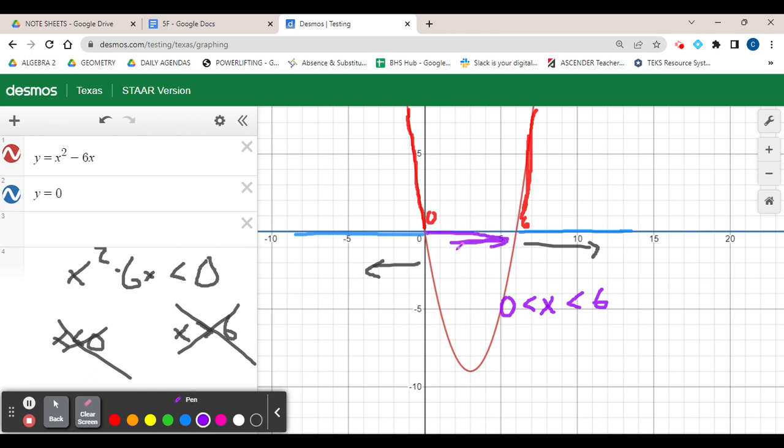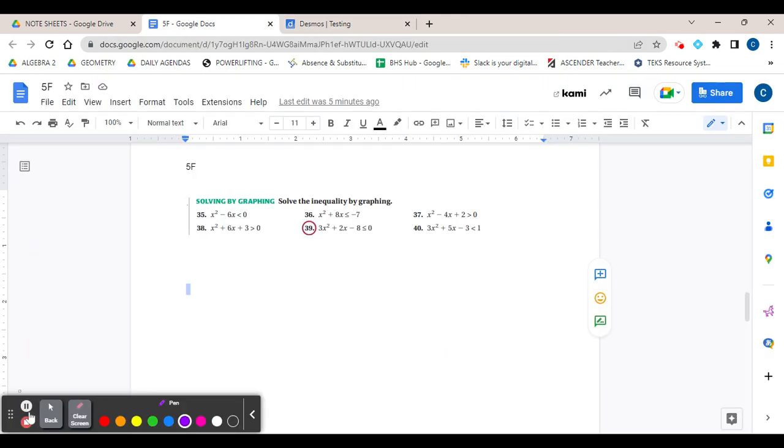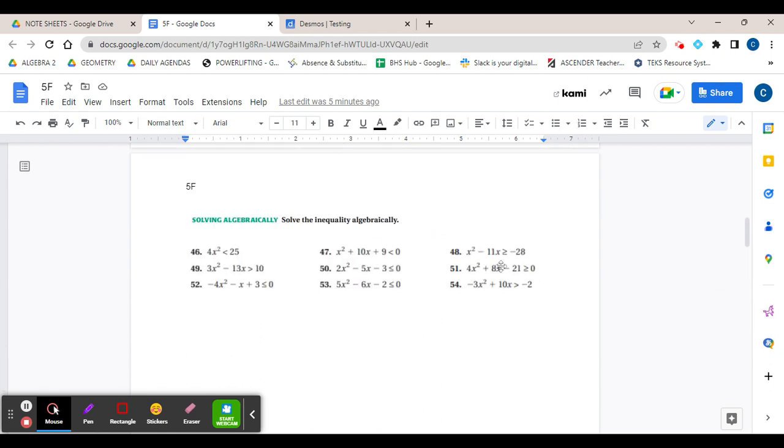And of course, when we graph these things, we would shade in this area right here. All right, so that's that. If you want to do that by graphing, that's cool. If you want to go do these algebraic ones by graphing, that's totally fine too.